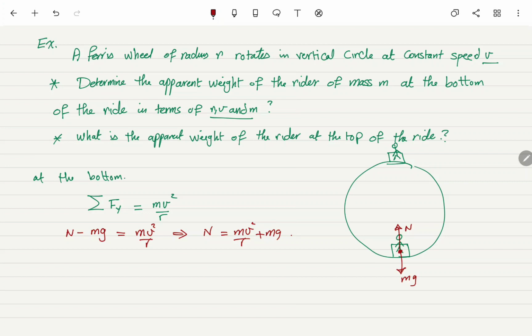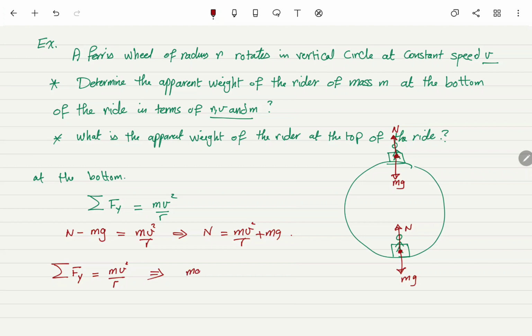However, at the top here, we actually have two forces. The weight is directed downward, and we actually have the normal force. Now, the situation here is different. Sum of all forces on y equals mv square over r, and the force directed with the acceleration, you start with it.